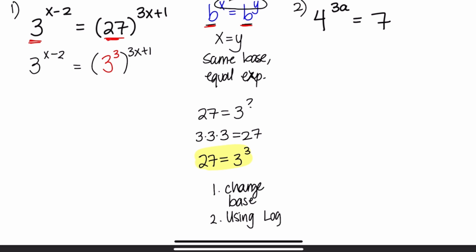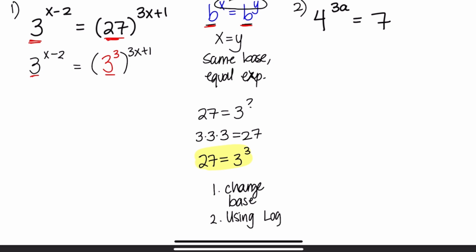All we've done is rewritten 27 with what we know it to be equivalent to, which is 3 cubed. Knowing that, now we have common bases. The base on my left side is 3, and the base on my right side is 3. That's what we wanted all along. So that is the true definition of showing the first case of changing bases when needed.